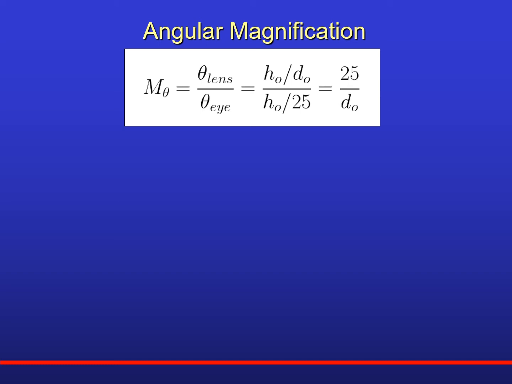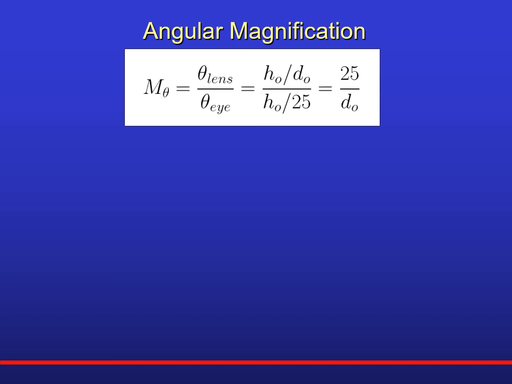Different books may use different terminology. This is what I'm using here. Magnification, subscript theta, to indicate its angular magnification. It's the ratio of theta using the lens divided by theta with the eye only. And of course, we're saying what is the best case.